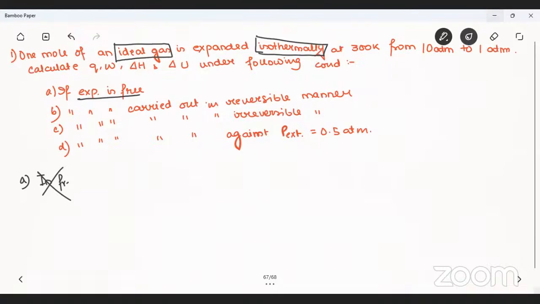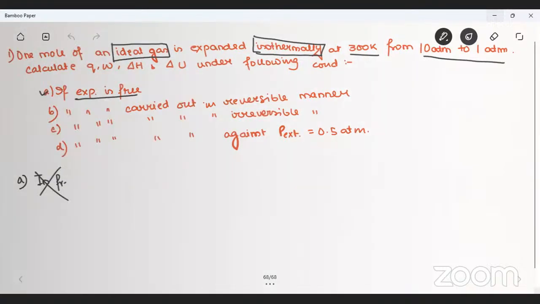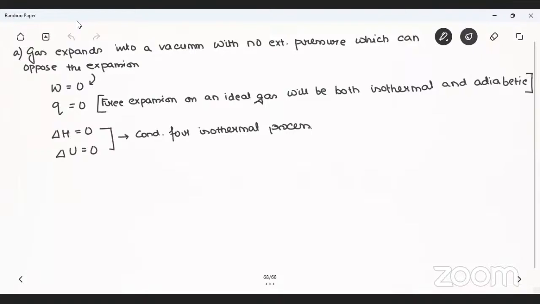At a certain temperature, from this pressure to this pressure. Now they have asked you to calculate these terms under different conditions. First is if the expansion is free. I told you that if it is said in the question that a gas is expanding freely, it means that the gas expands in a vacuum with no external pressure.